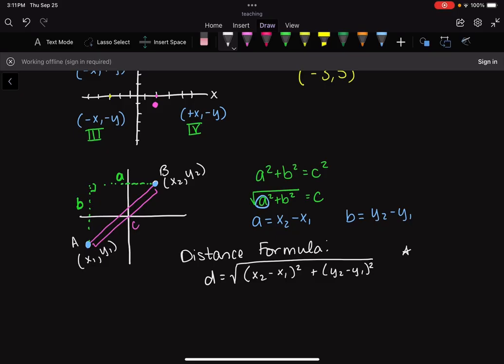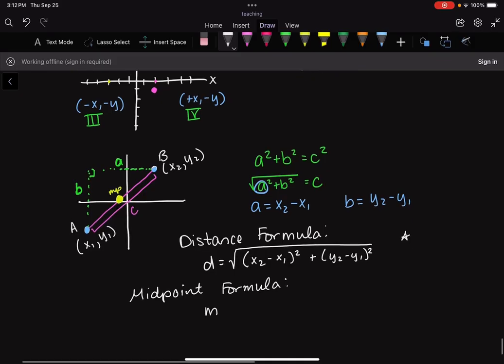Then we have something called the midpoint formula. If I want to find the middle of these points, I'll call it MP for midpoint. You just take the average of both the x's and the y's. Usually when you find the average of something, you add it together and divide by how many you have.